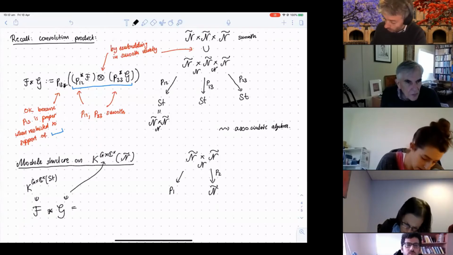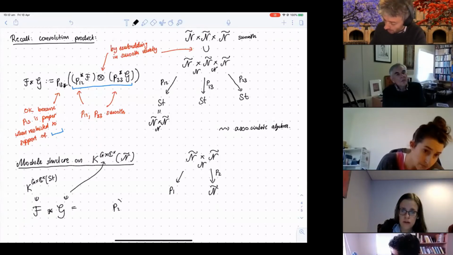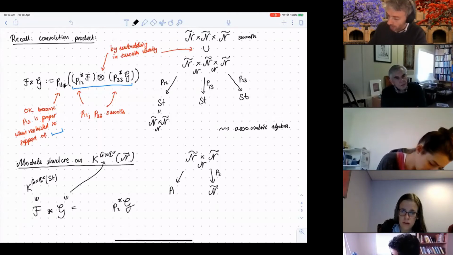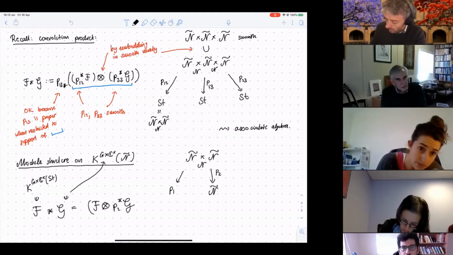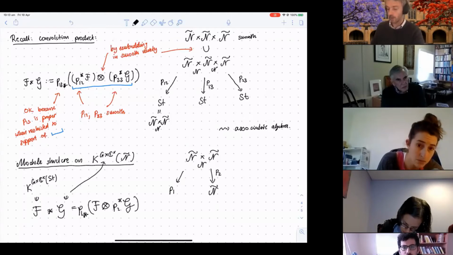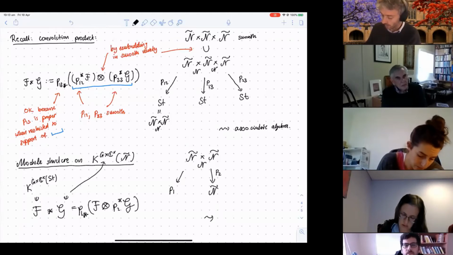Well, we pull back G. So now we have something that lives up here. We take a tensor product with F. And we push forward. Okay. And so this gives the module structure.